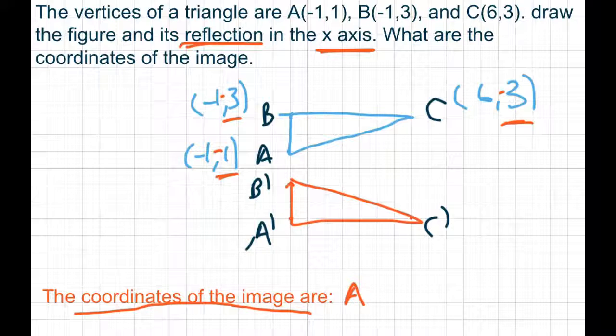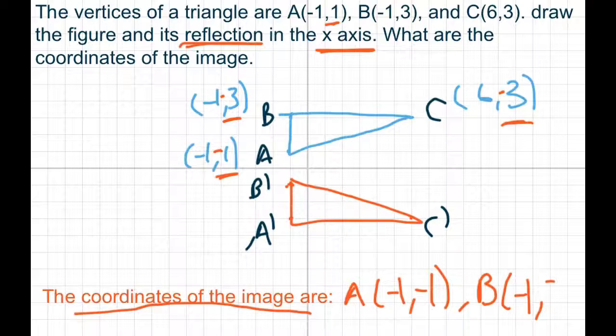B is equal to -1, -3. And C is equal to 6, -3. And in all these, we see that we only took the negative of the y value to do a reflection over the x-axis.